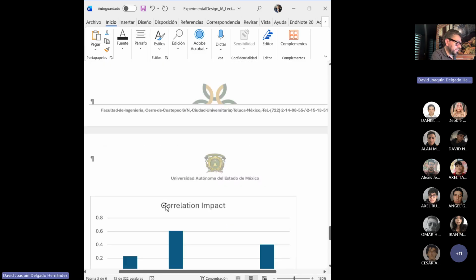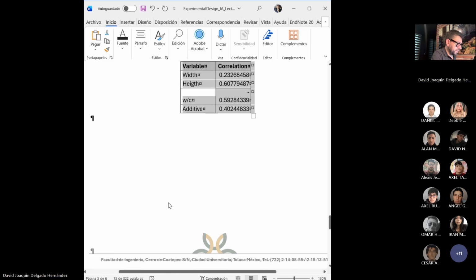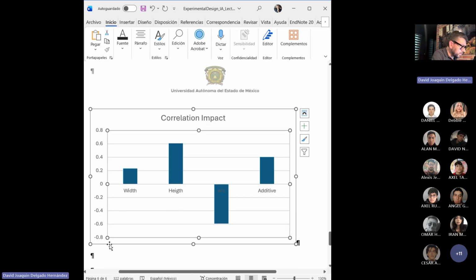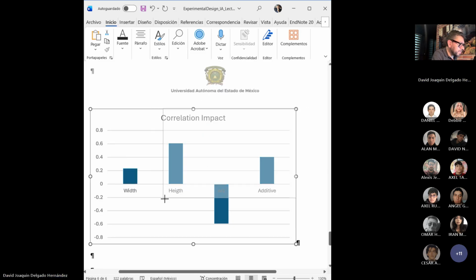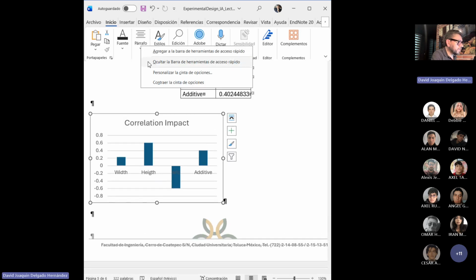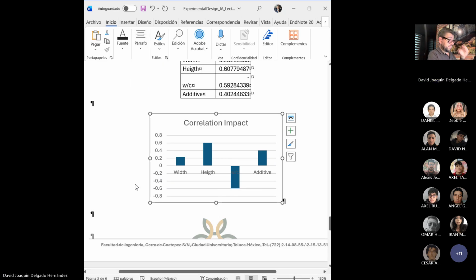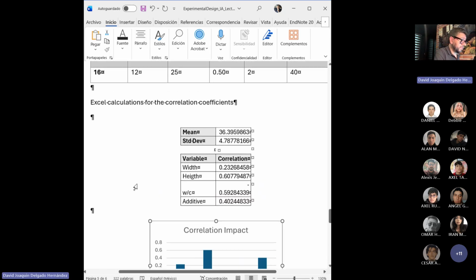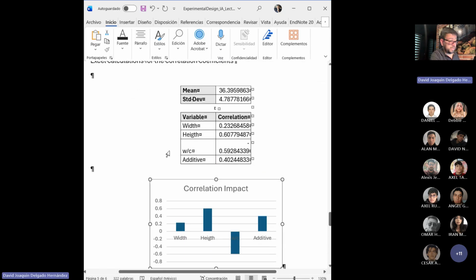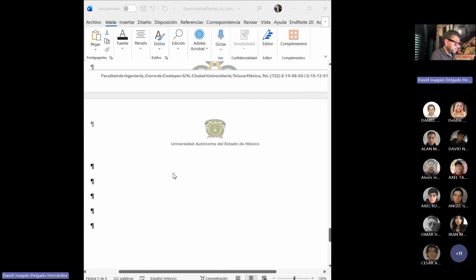And here is the graphical impact. Okay, so let me put this very small. Okay, so these are the calculations, okay? So I just copied the Excel file to the Word file.